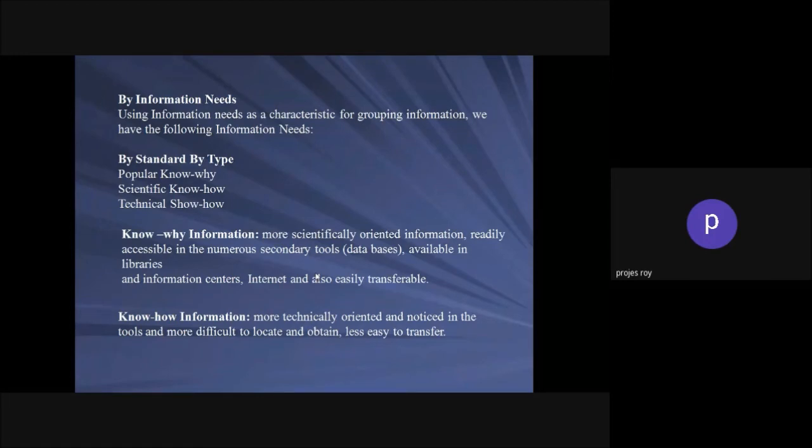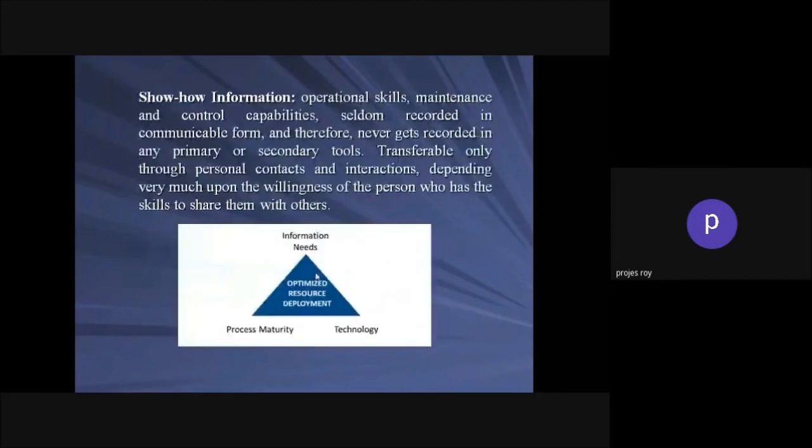Here, know-how is an operational skill, maintenance and control capabilities, seldom recorded in communicable form, and therefore never gets recorded in any primary or secondary tools. Transferable only through personal contact and interaction, depending very much upon the willingness of a person who has the skill to share it with others.